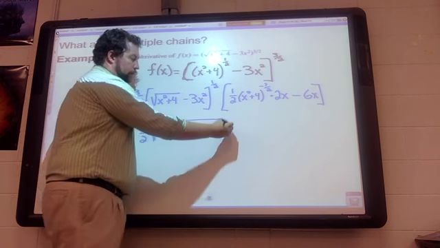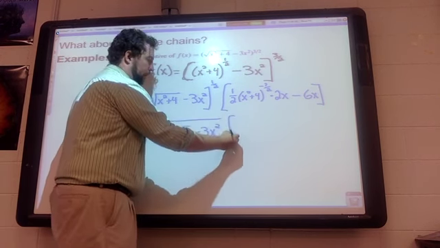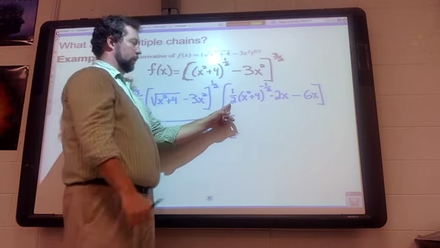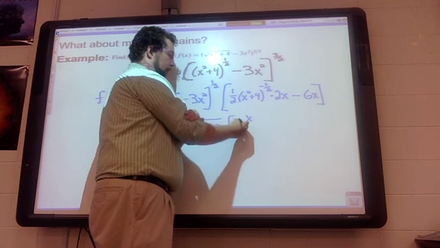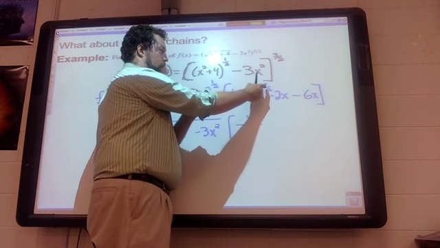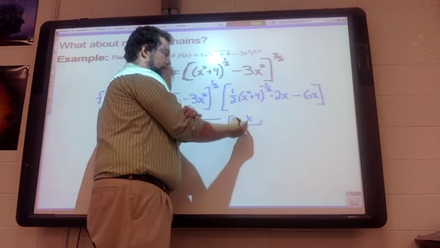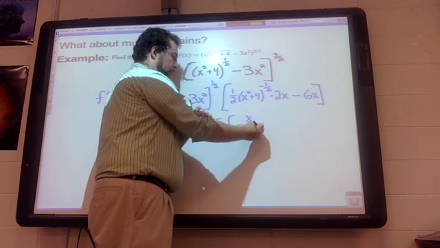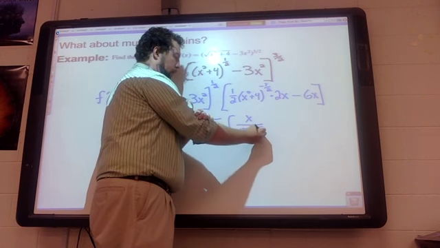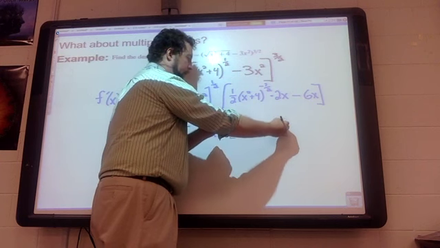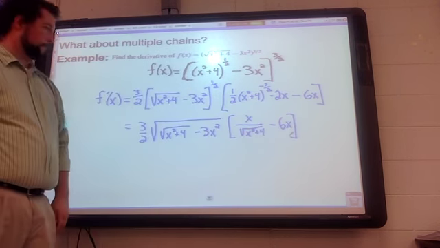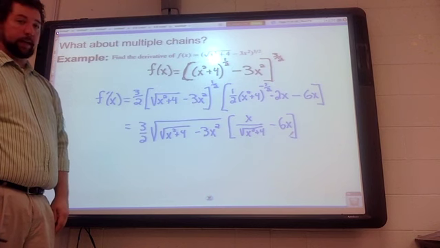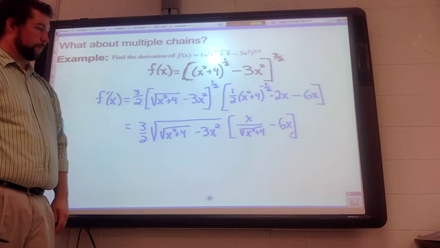Times all of this stuff: 1/2 times the 2x leaves me with an x, over, the negative brings it to the bottom, and the 1/2 makes it a square root, so the square root of x squared plus 4, and then minus the 6x. It doesn't look very much prettier.